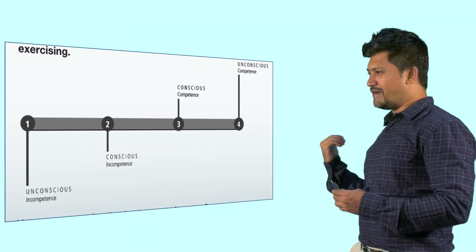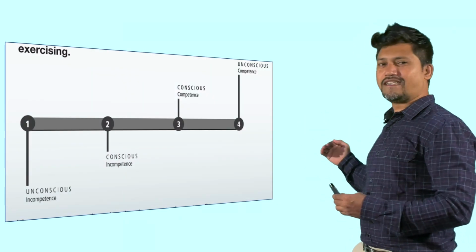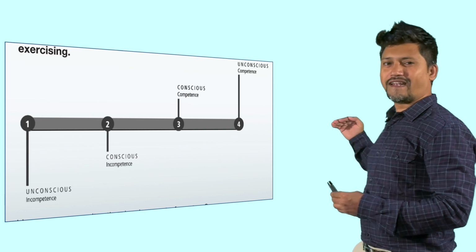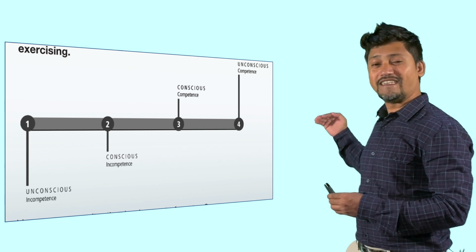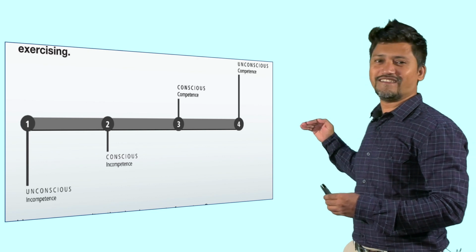Now, this takes us to the next principle of learning. As students gain competence within a domain, they first gain and then lose conscious awareness of the skills that they are exercising. This can be explained by this diagram, where you can see that the first level of the learner is his or her unconscious knowledge of his or her incompetence.